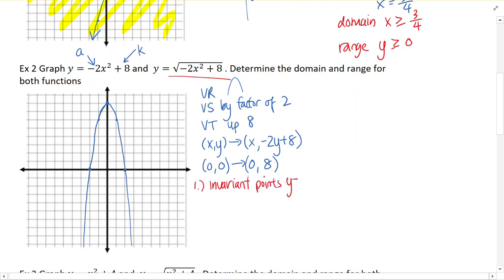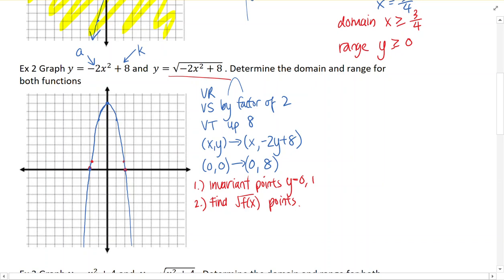Remember that's at y equals 0 and 1. So you do know that you have your invariant points there. And then next, you'll just find square rooted points. Just find ones that are easy to square root.